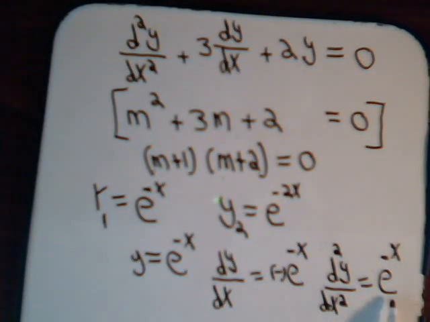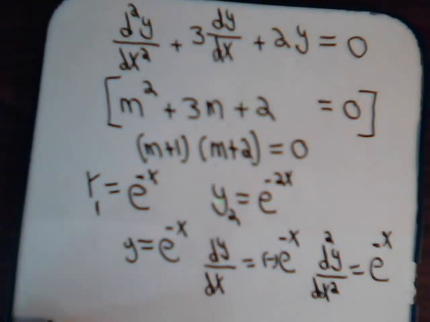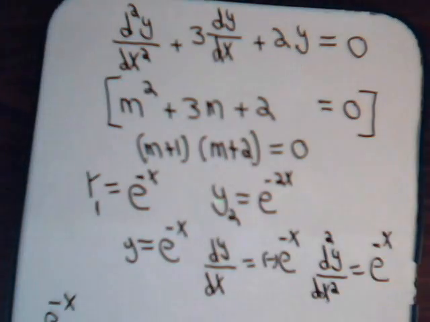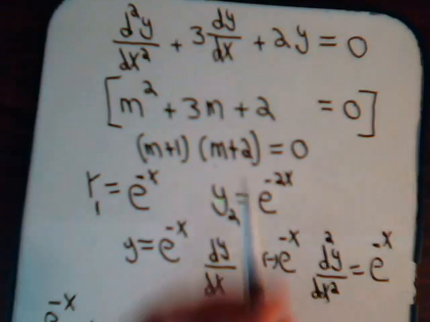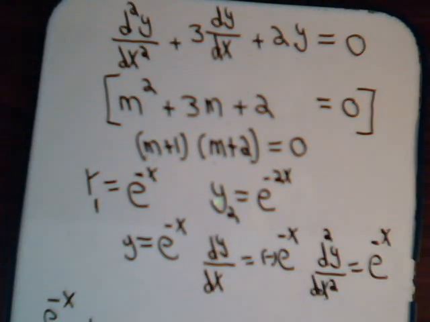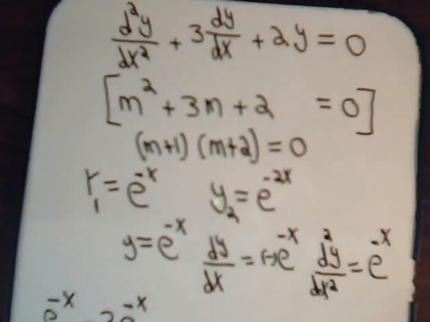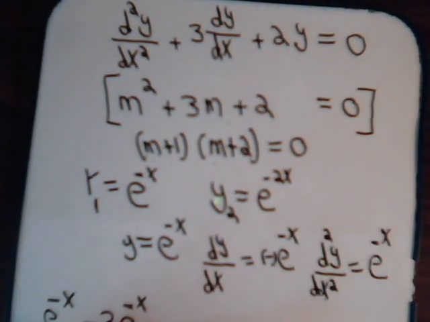We will have e to the minus x as d squared y dx squared plus 3 times dy dx. But dy dx has a minus sign there, so we'll have minus 3 e to the minus x and plus 2y. But y is this, so we have plus 2e to the minus x.